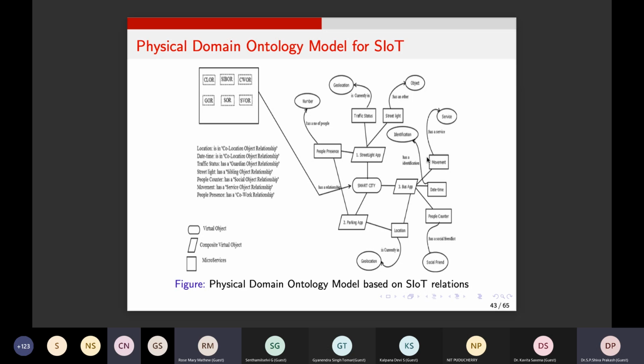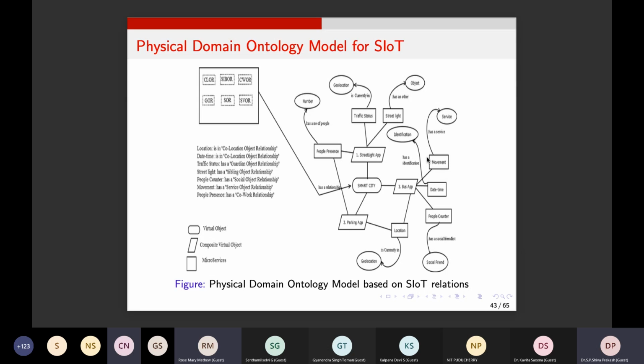So we say that the devices must be located in the same place or within a range of a set of people involved in this, who are working for a common goal or sharing common data, right? Similarly, parent object or sibling object relationship or social object relationship. Here, depending on the hardware that is providing these services, we try to establish a relationship among the devices, under physical domain ontology.